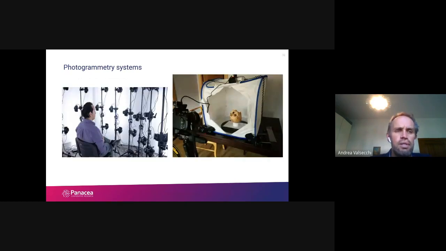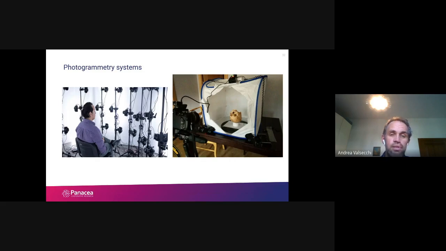With this picture, we see two very different systems. On the left side, there is a very professional system with tens or maybe hundreds of cameras, which need to be connected and synchronized, and you get expensive equipment to get maybe 100 pictures at once.